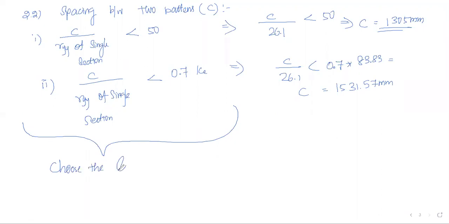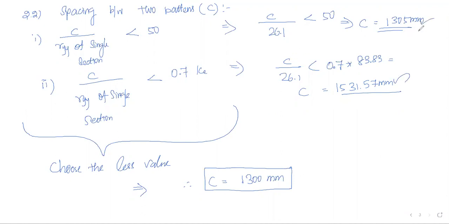Among these two conditions, we have to choose the lesser value. Therefore C provided is equal to 1300 mm. Here it is 1305 and here it is 1531, so in between these two we choose the lesser value. 1300 is less than these two values, so that is why we have selected this.